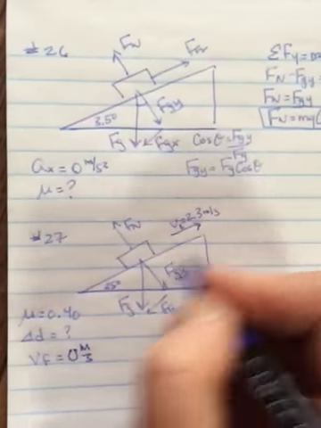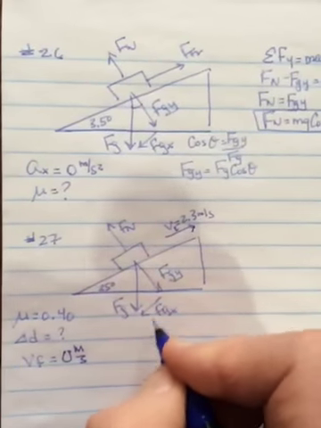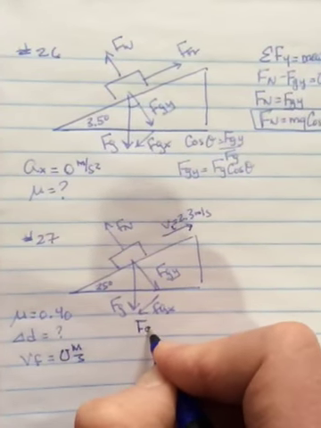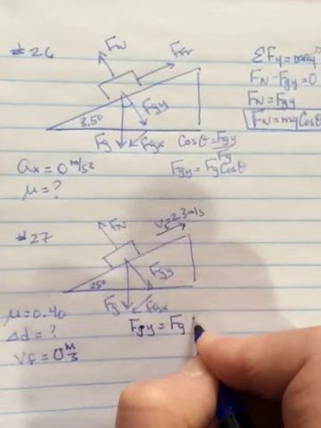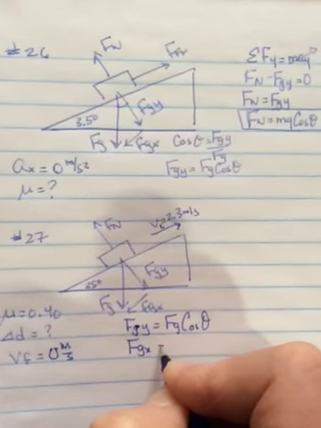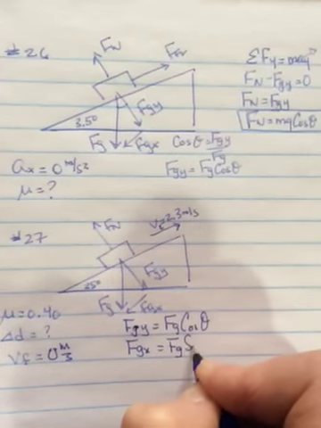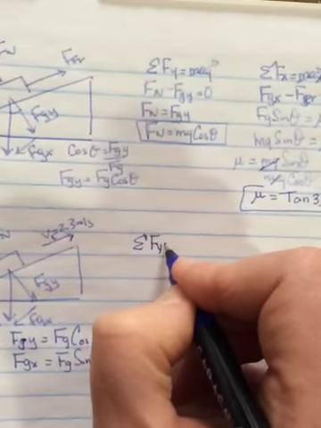So to do that, you're going to need to find the a. So again, hopefully you can look at this triangle by now and say, oh, F_gy is just F_g cos theta, and F_gx is just F_g sine theta, opposite and adjacent. So then go and do sum of the forces in the y direction.